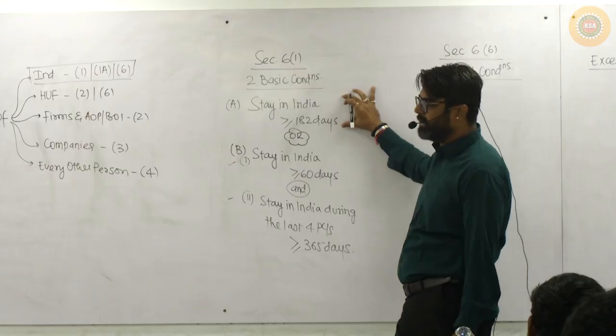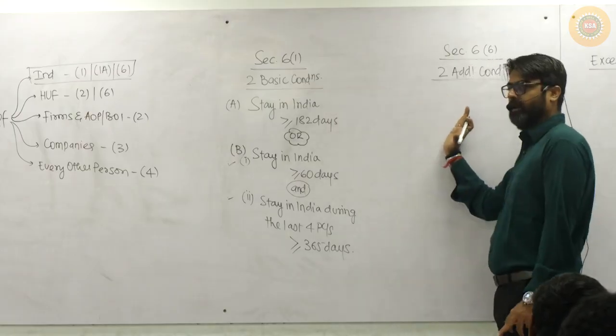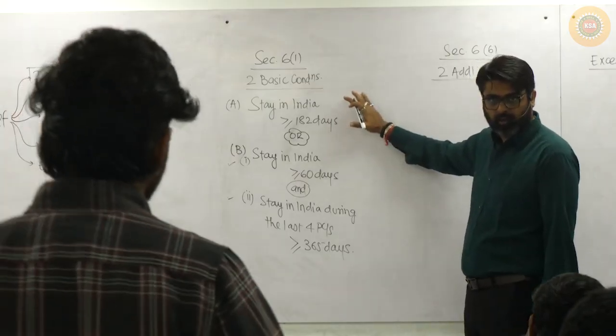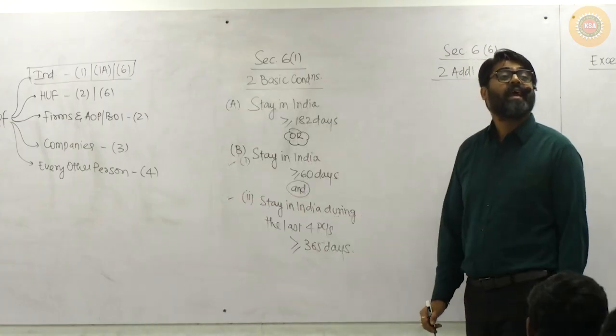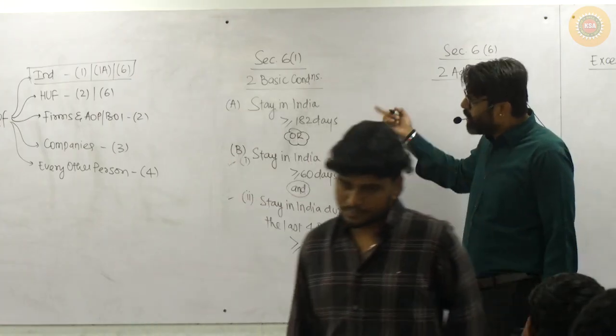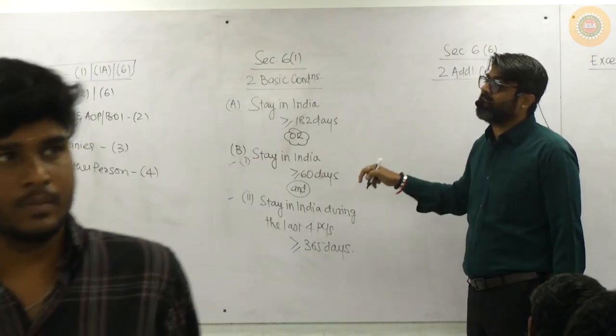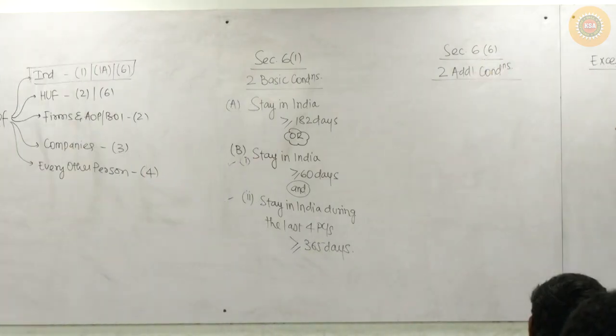If A is satisfied, you will become a resident. But if A is not satisfied, don't go and check basic condition B, because in these 3 exceptional cases, basic condition B we will not apply.